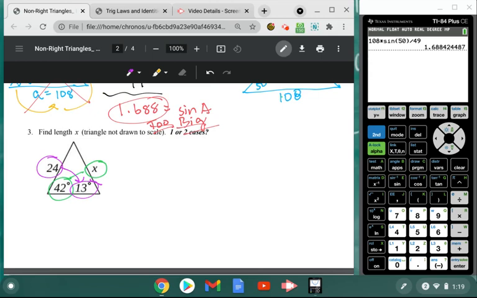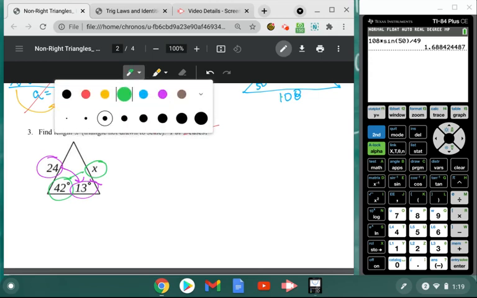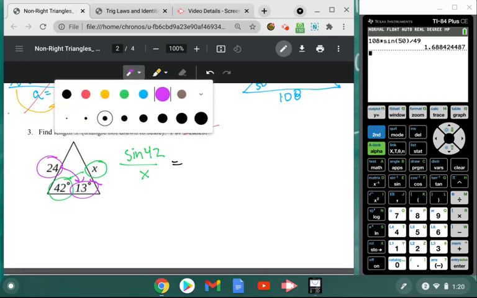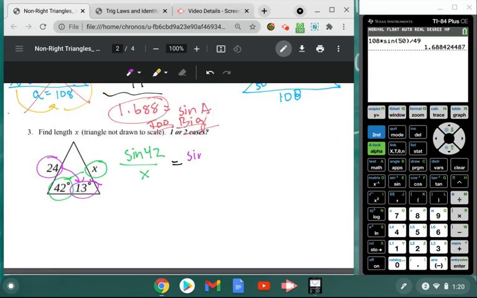Let's color code these. We're going to do the sine of 42 degrees over its length x, equal to the other side and corresponding angle: the sine of 13 over 24.